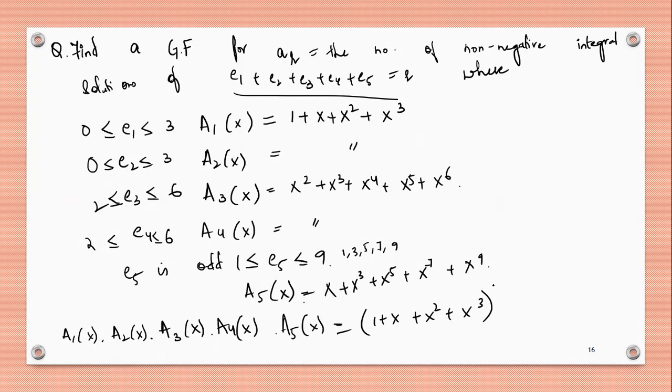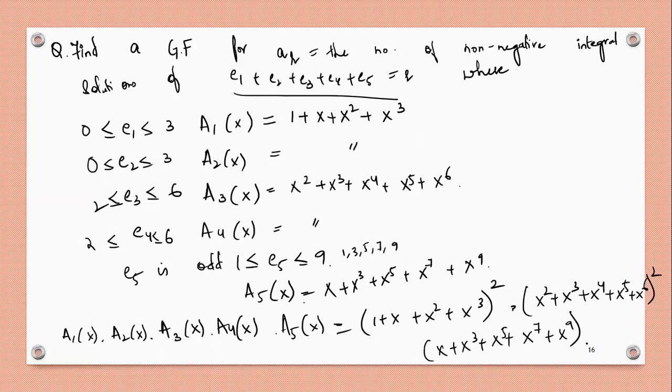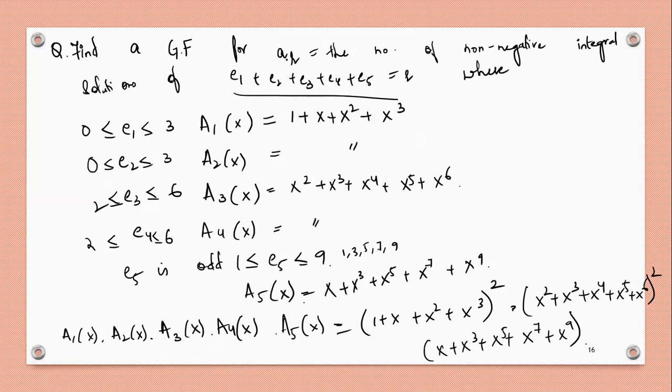A2 is also the same, so we take the square. A3 and A4 are the same again, so x square plus x cube plus x power 4 plus x power 5 plus x power 6 whole square, and A5 is given as follows. So this is the solution for our question.